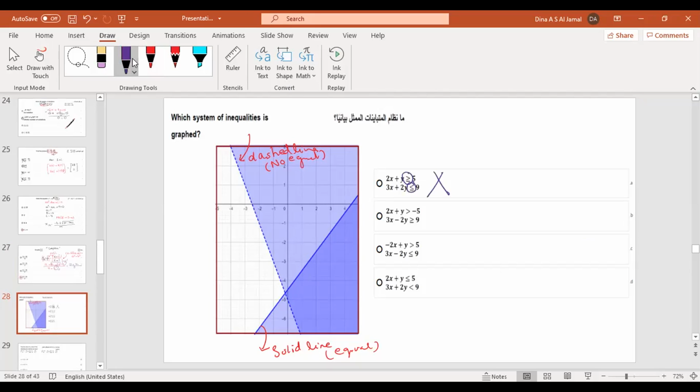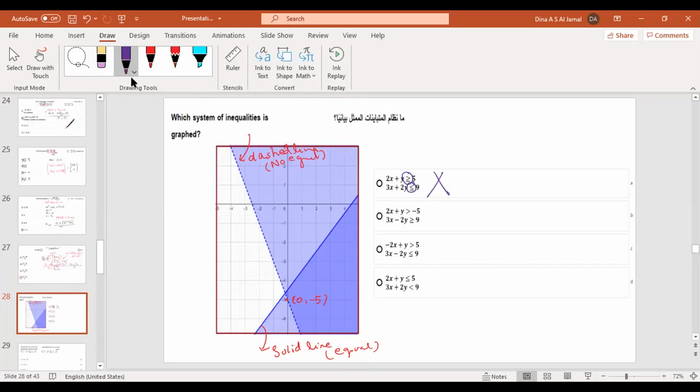Good. Now, what you need to do is find the y-intercept for each of them. Here it's clearly the dashed line, the y-intercept is -5 or something, yes, -5.